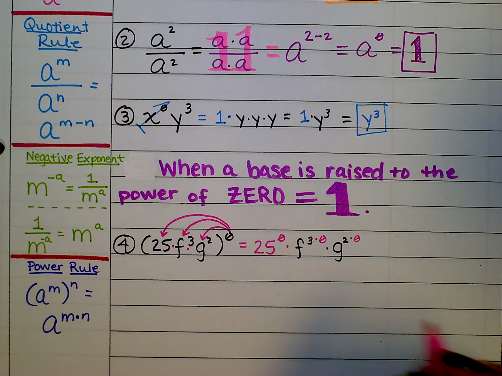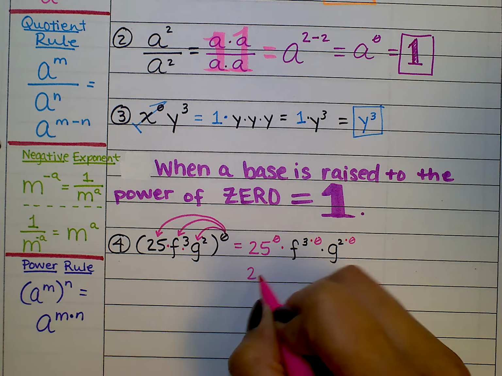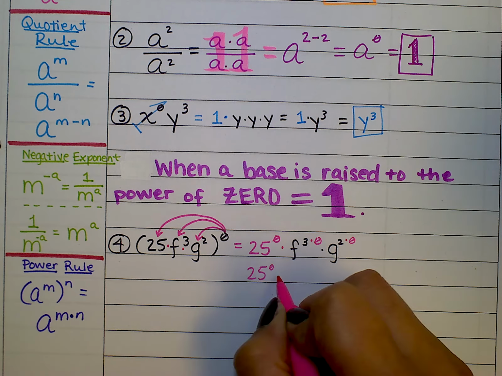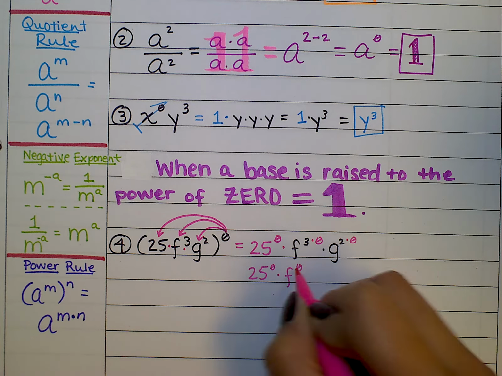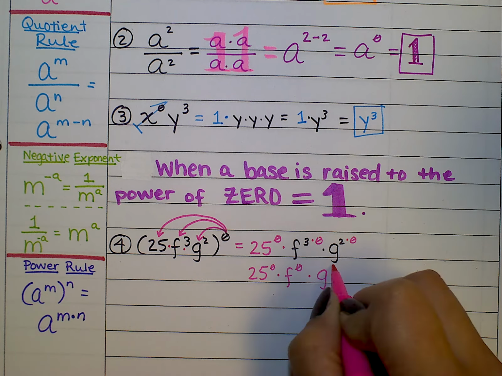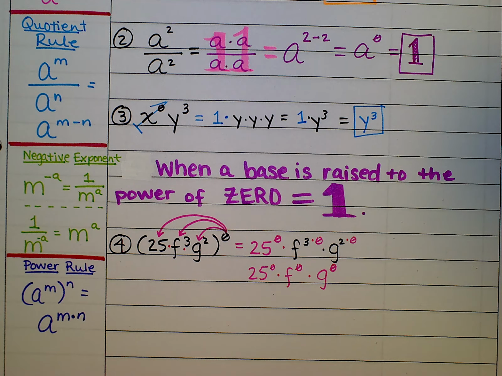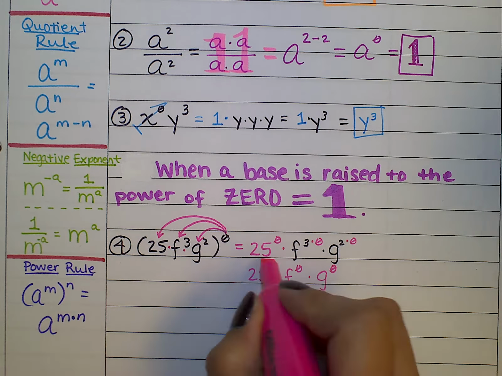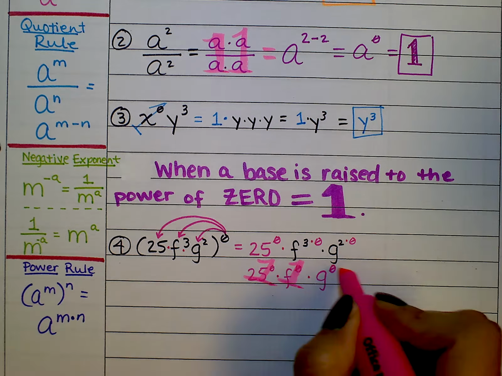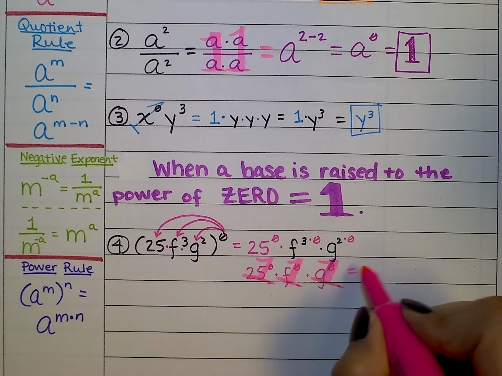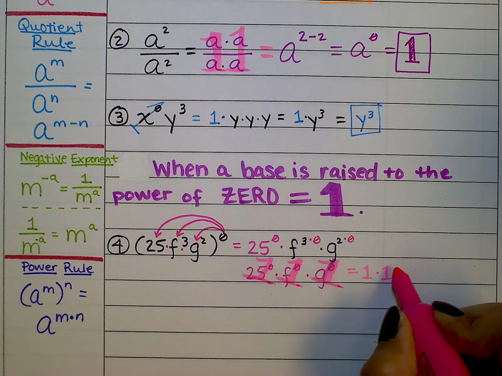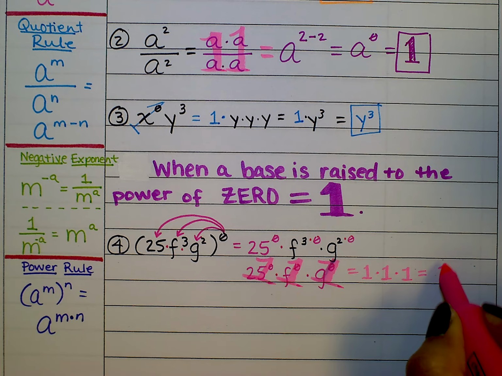Well, that's 25 to the power of 0 times f to the power of 0 times g to the power of 0, all of which will be reduced to 1 times 1 times 1, which equals 1.